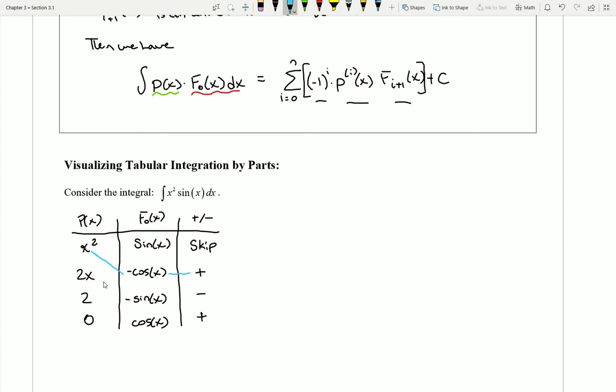If I go to the next term, this is when i would be a 1. I would do a first derivative, another antiderivative, and -1 to the first power would be negative. Notice I can create this pattern going all the way down, and I know that these are the 3 components that need to be multiplied together to create a term here.